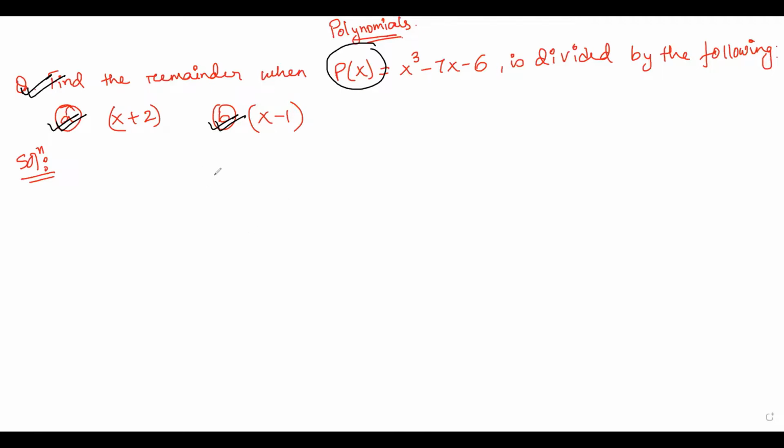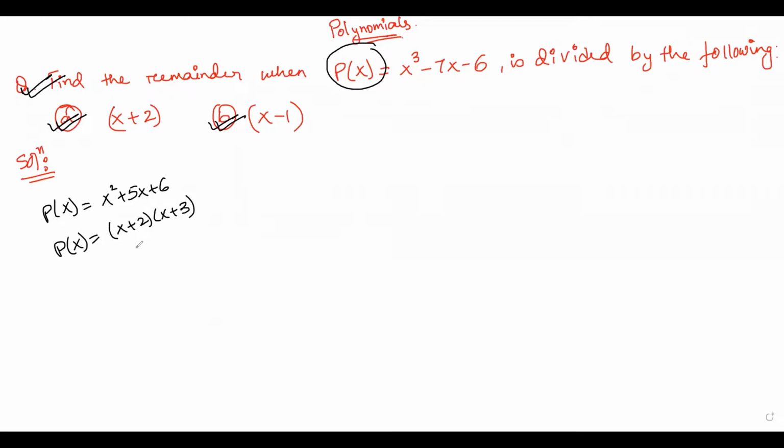Well, to use that, let us first try to understand a very small but important concept. Suppose I have a polynomial p(x) as x square plus 5x plus 6. So the two factors for this quadratic polynomial would be simply x plus 2 and x plus 3.